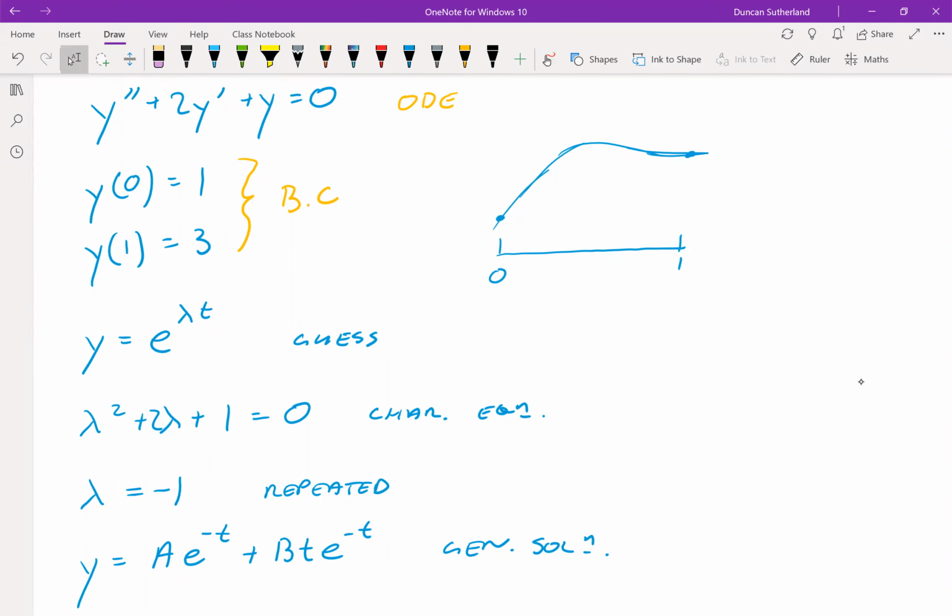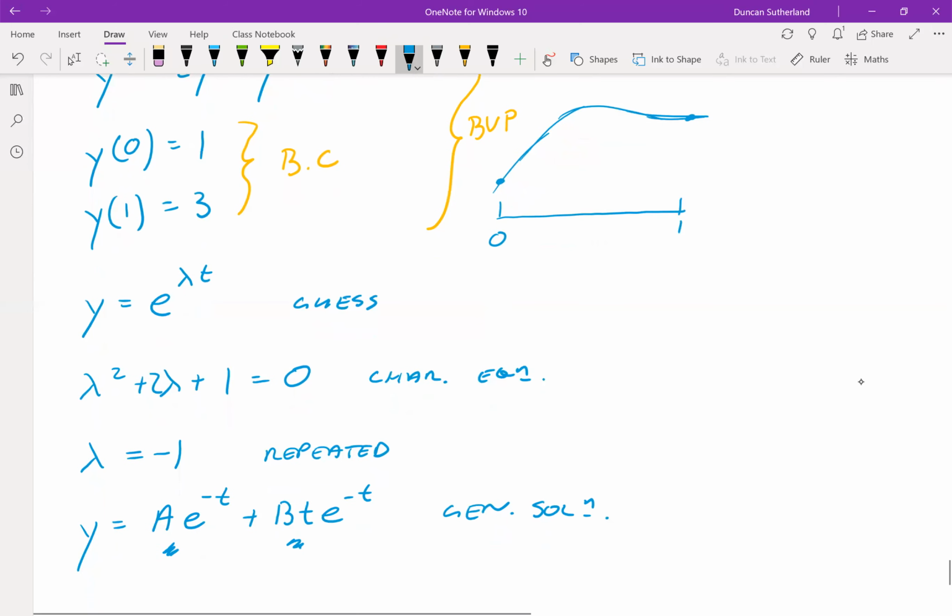Let me just check that I'm correct. Yep, looking good. Now we've got to apply our boundary conditions. I should actually say that this is a boundary value problem, or a BVP. We've got to apply our boundary conditions to find A and B.